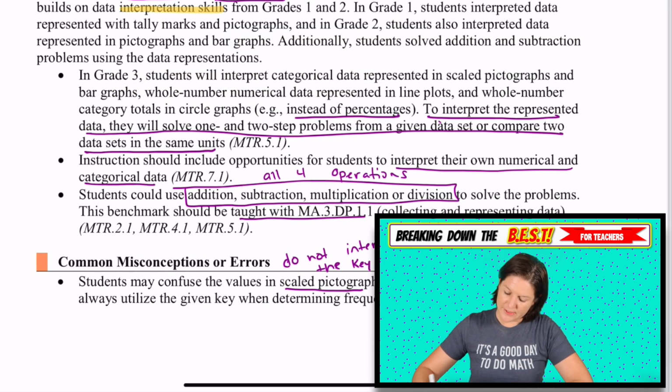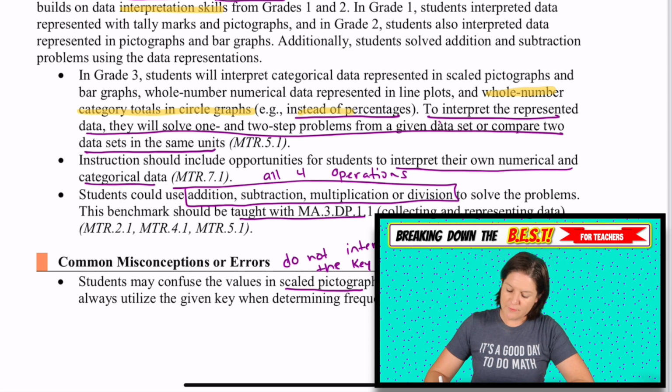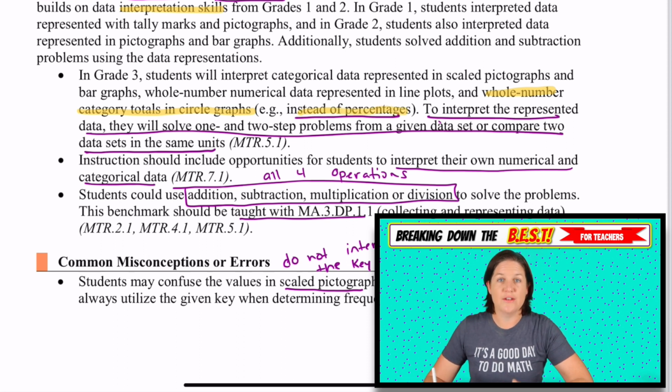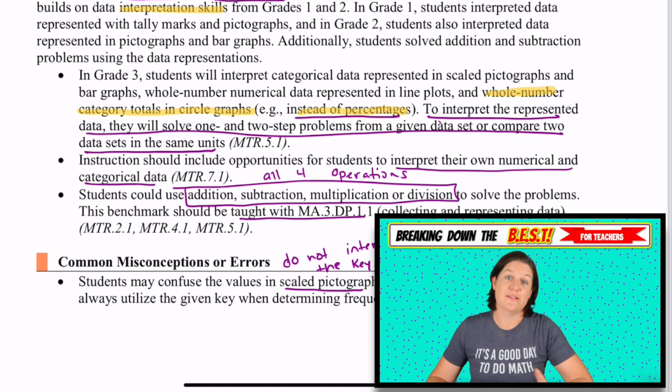And here it says whole number category totals in circle graphs, you may have been like, what do you mean? So instead of using percentages, we'll just state the number. Instead of saying like 30% of students in so-and-so's class like ice cream, we'll list the number of students that selected ice cream as their favorite.